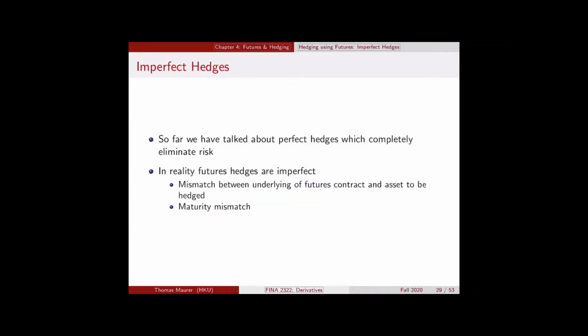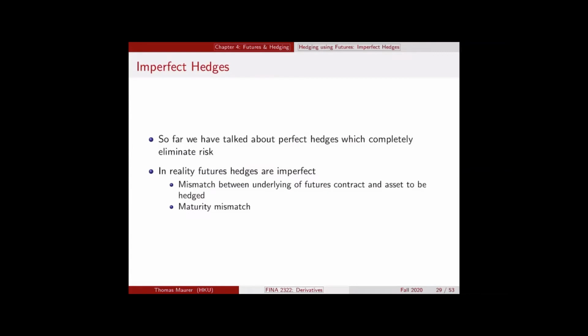Finally, I want to talk about imperfect hedging. In the previous examples, we always considered a situation where you can perfectly get rid of risks on your balance sheet. So for example, a corporation which does business abroad and knows that they receive a foreign currency in the future was able to exactly use a short position in a forward exchange rate contract to offset all the risk and lock in the exact dollar amount which they receive for exchanging that foreign currency income.